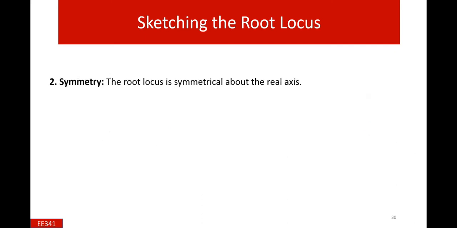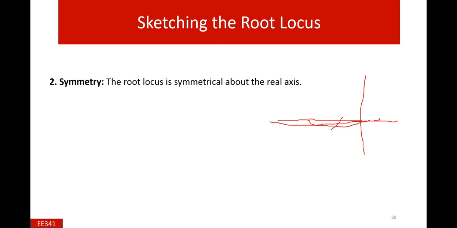Second, as we saw in the previous two examples, the root locus is always symmetric about the real axis. This is the real axis. First of all, we have to place the poles of the given open loop transfer function, where horizontal is the real axis and vertical is the imaginary axis.